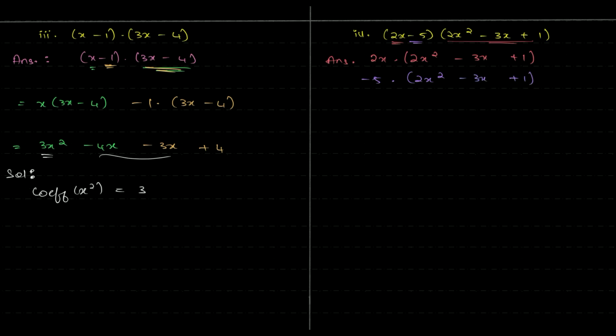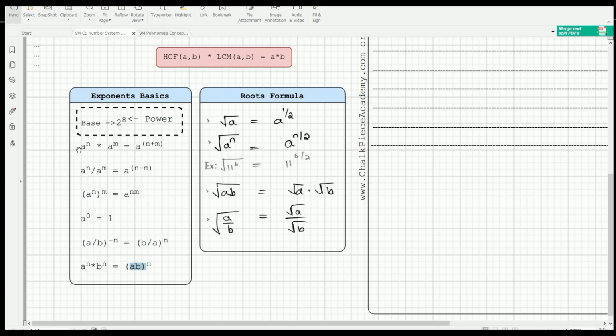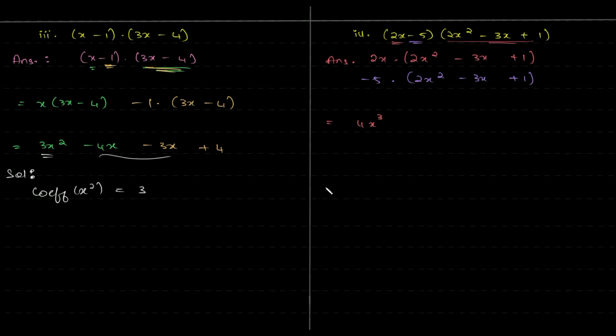And now we have 2x into 2x square is 4x to the power of 3. Again, we are just using this particular formula. See, the same thing is used everywhere. Learn the basic in maths, things will become very simple.